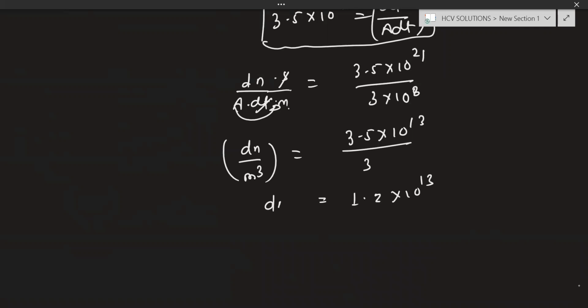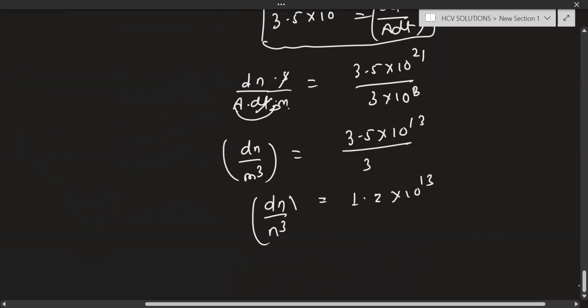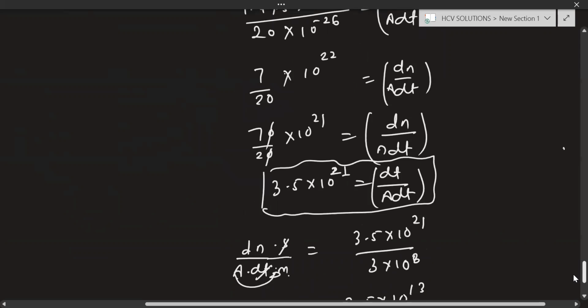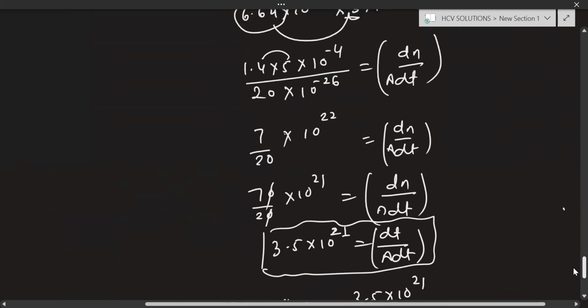That many photons are available at any instant in a unit volume near the Earth's surface. That was the second part.